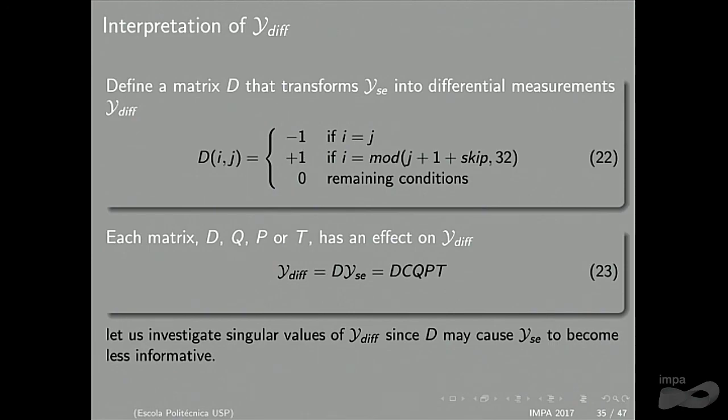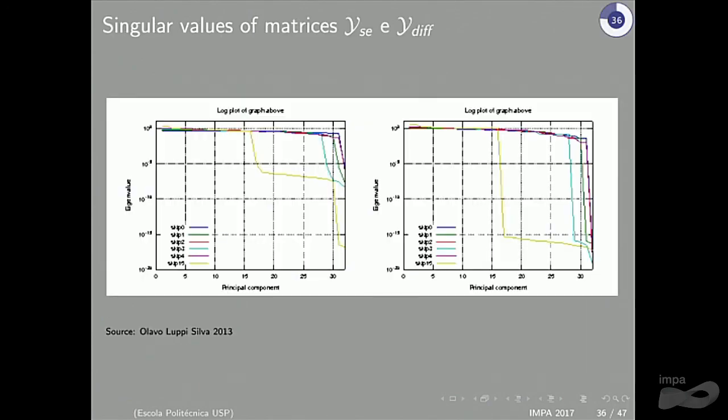And if we want to study the differential measurements, then we have one more matrix here that captures measurements in a subtracted way. Here we can see the singular values.